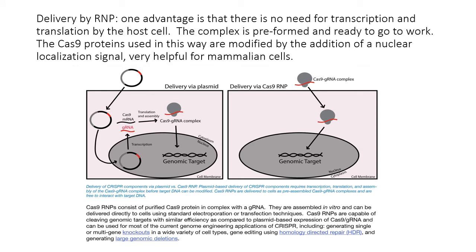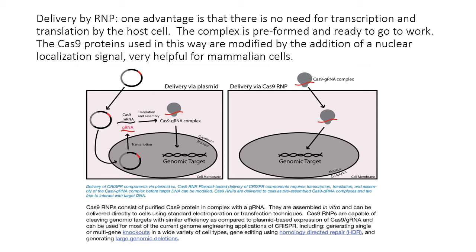Okay, so we can represent that as a picture here, like we can deliver CRISPR components by means of a plasmid. In one set of ways of doing this, one can purchase plasmids which actually encode the Cas9 protein, which has been engineered to contain a nuclear localization signal for mammals, for example, and within the same molecule encode the intended guide RNA adjacent to the structural components of the CRISPR complex.